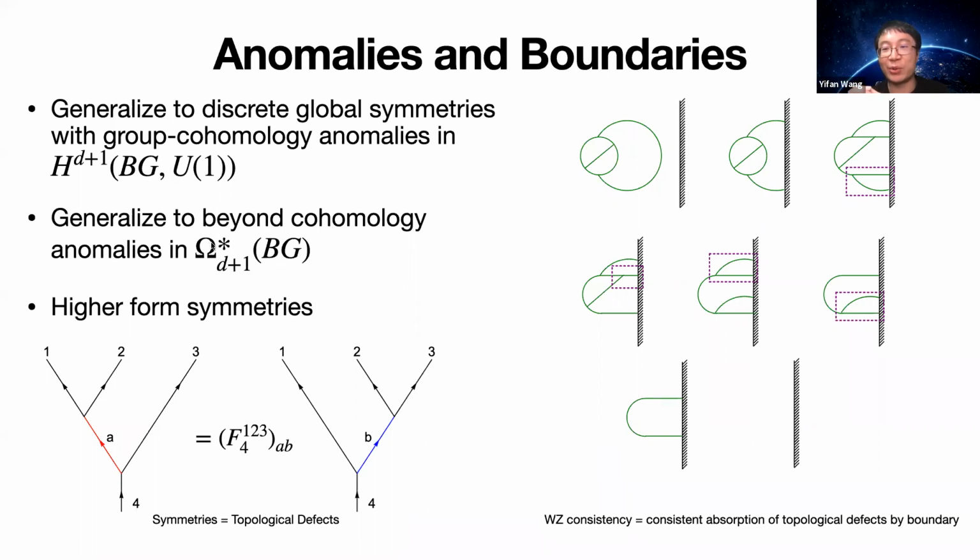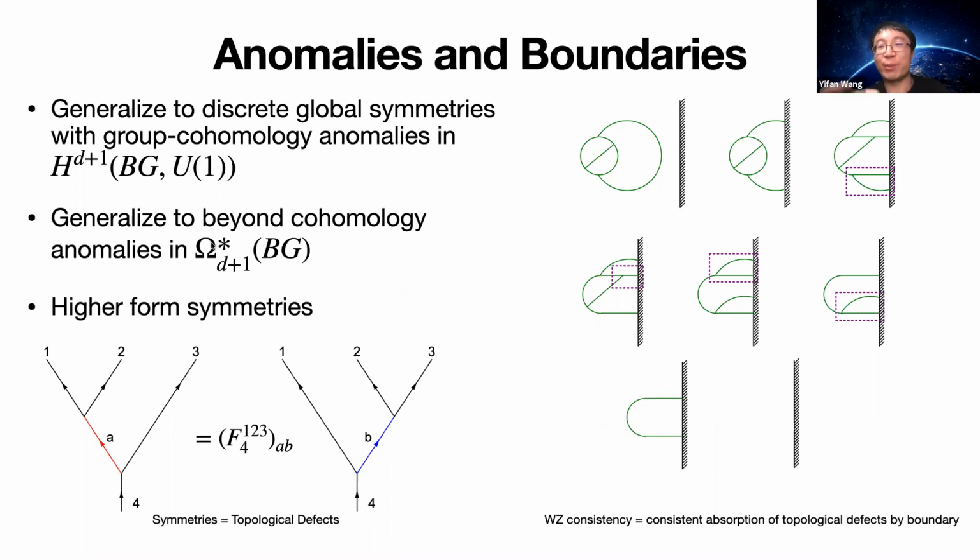Suppose you start with a manifold. You want to compute this partition function on the given manifold, and you want to compute the same partition function on a different manifold with a different structure, and compare the two.